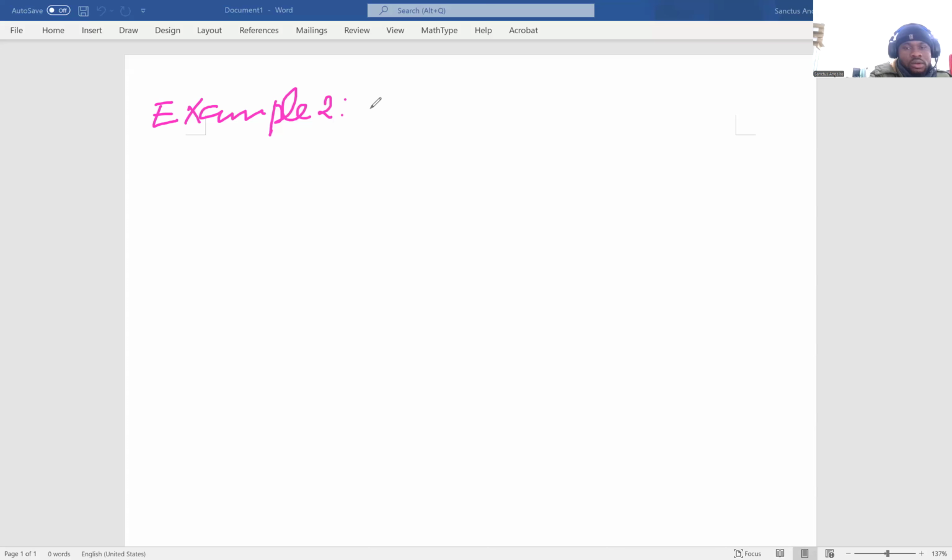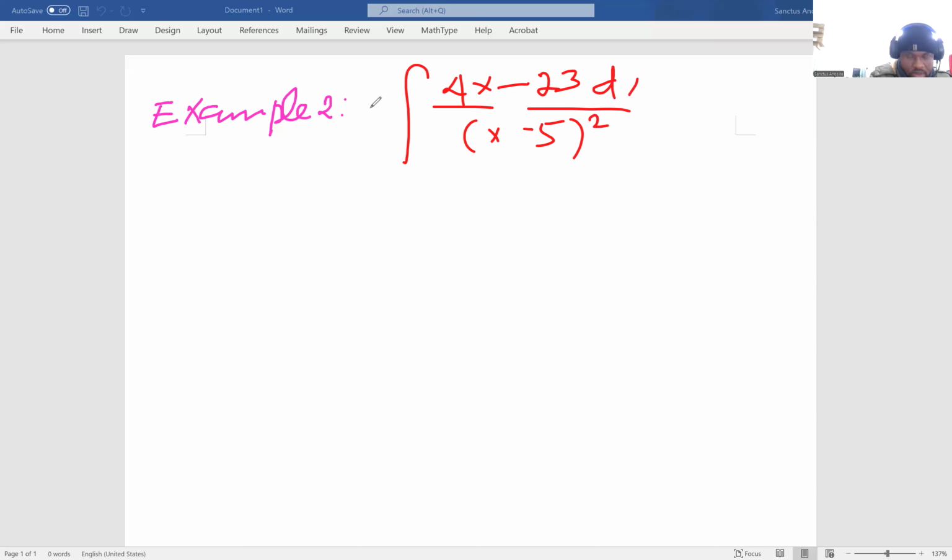Integral of 4x minus 23 all over x minus 5 to the power 2 dx. Solution.